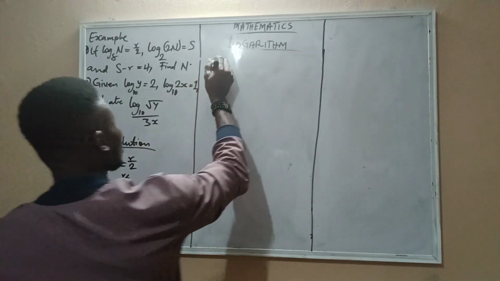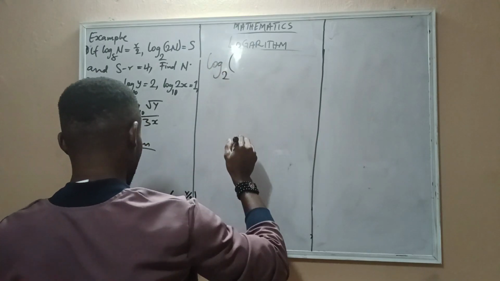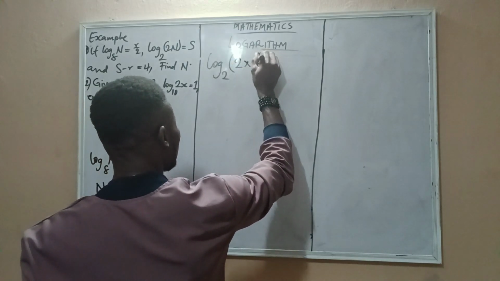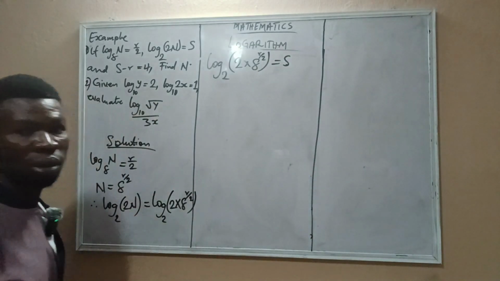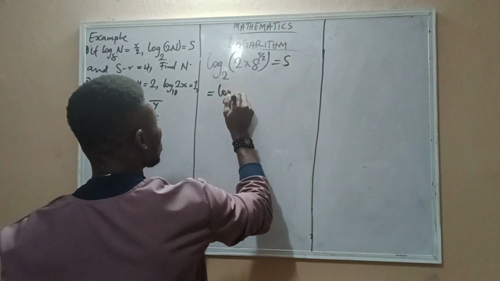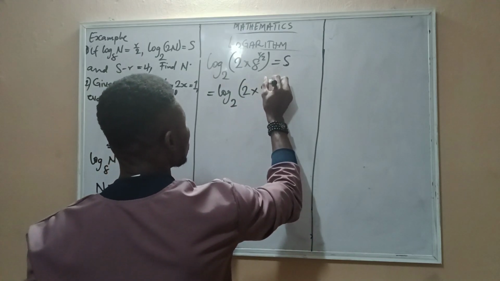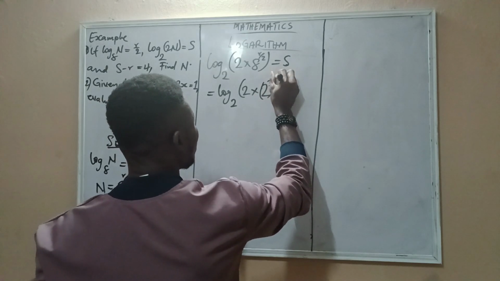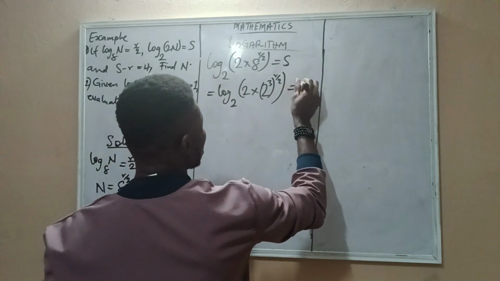So that will be log to the base 2 of 2 multiplied by 8 raised to the power r over 2 is equal to s, which is equal to log to the base 2 of 2 times 2 raised to the power 3, all to the power r over 2, is equal to s.